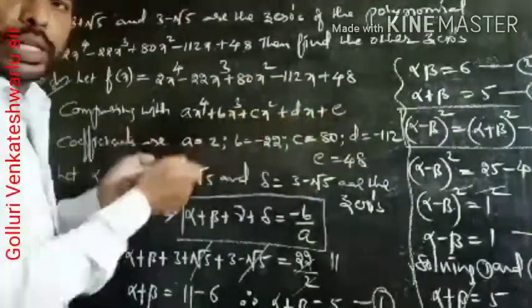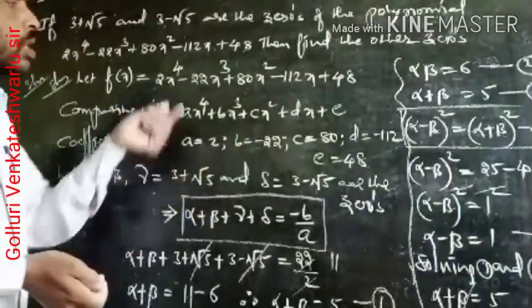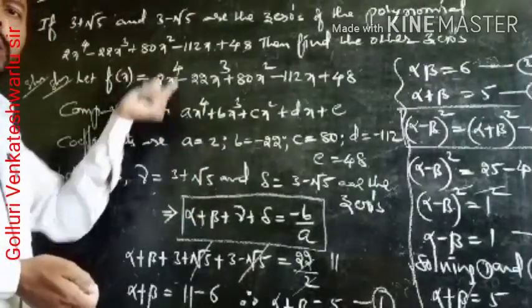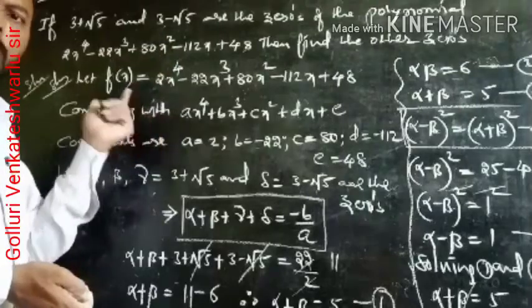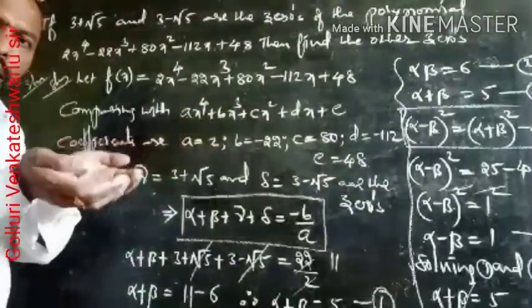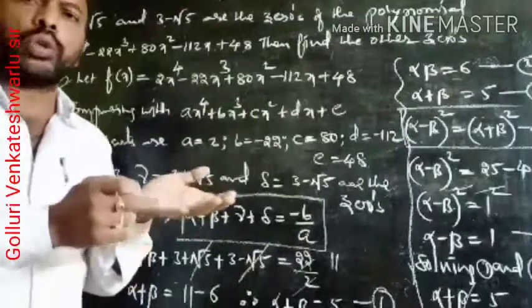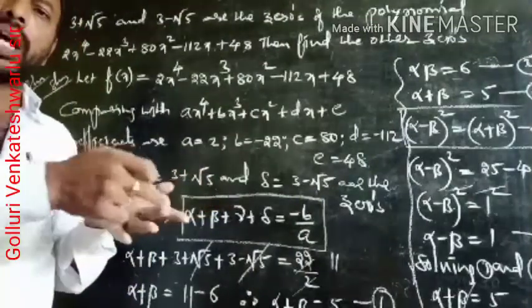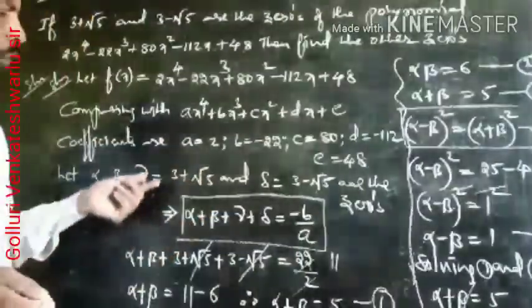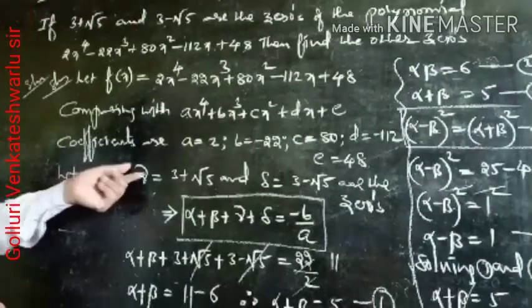Here are the coefficients. Next, what are the zeros? A fourth degree polynomial contains at most 4 zeros. Let the 4 zeros be alpha, beta, gamma, delta.